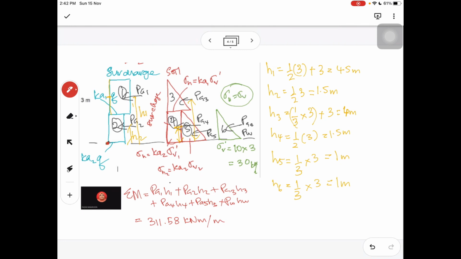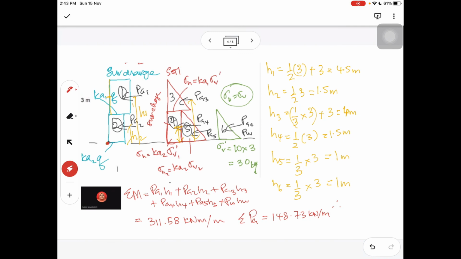Okay, so we know that total PA is equal to 148.73 kilonewton per meter. So finally we will know where the lateral thrust acts, either at this height, or somewhere below here.